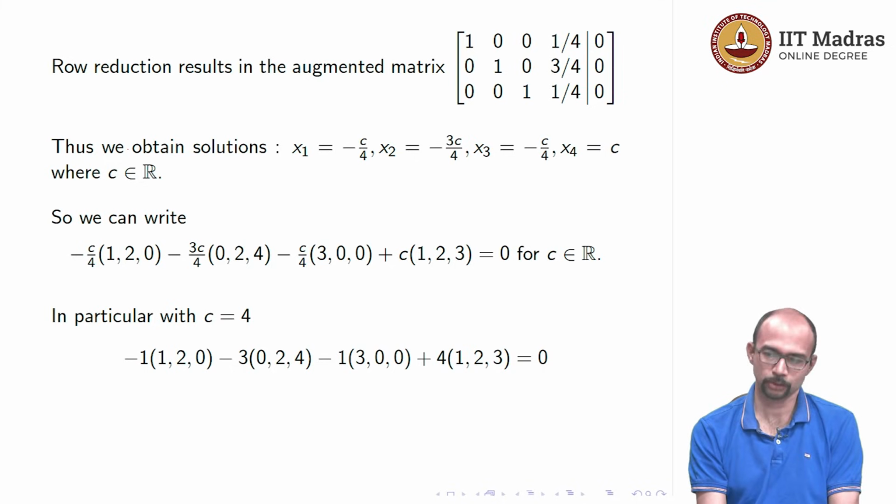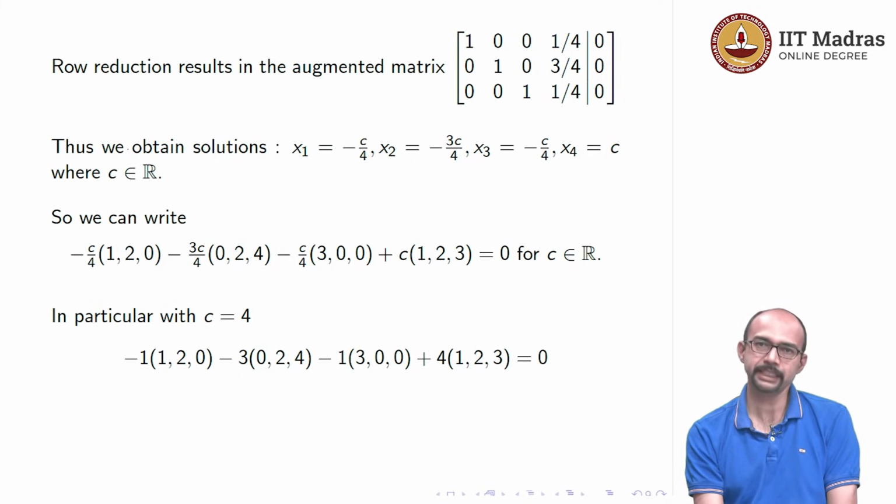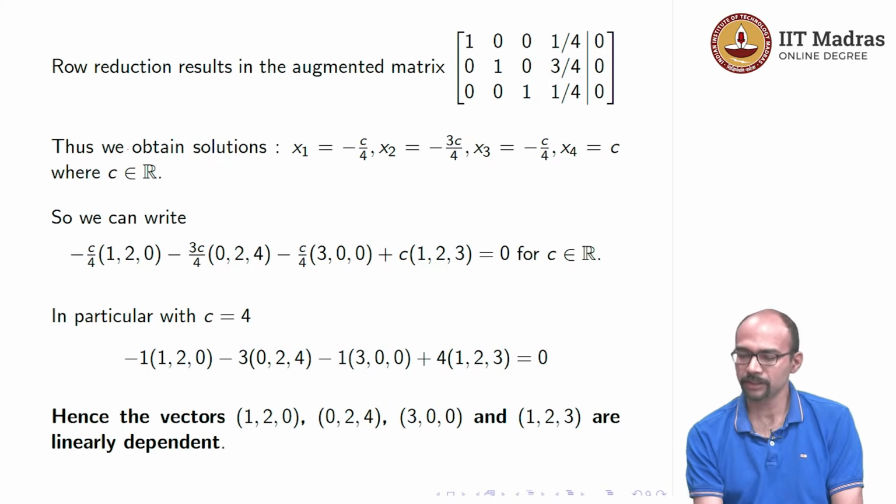So, I have given you an explicit example of a linear combination of these 4 vectors which yields 0, where the coefficients are not all 0. In fact, in this case none of them are 0, but it is enough to have that not all of them are 0. So, the net upshot is that these 4 vectors are linearly dependent.